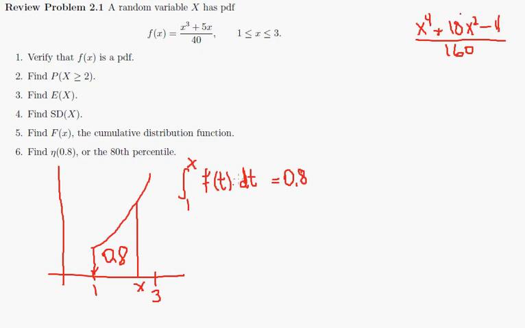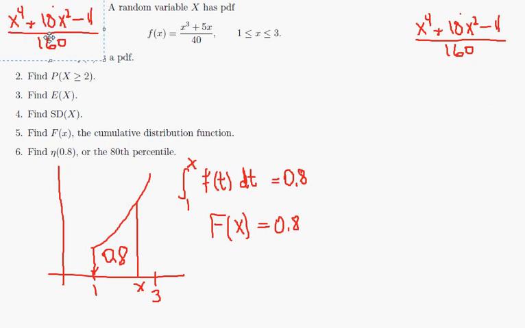Okay. The thing on the left-hand side, I can directly integrate this. That would work. However, I already did this for part number 5. That is the cumulative distribution function, or CDF, capital F of x. And so that is exactly what we just did over here. So let me just copy that answer.